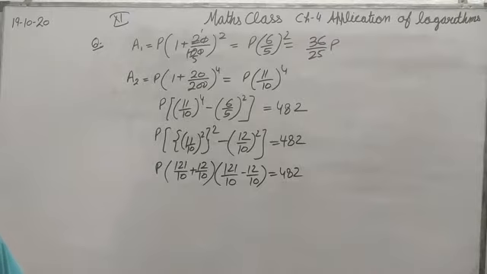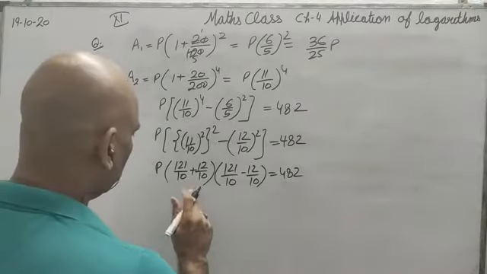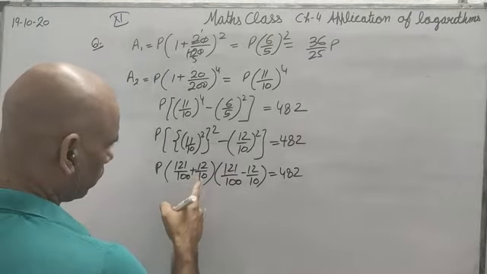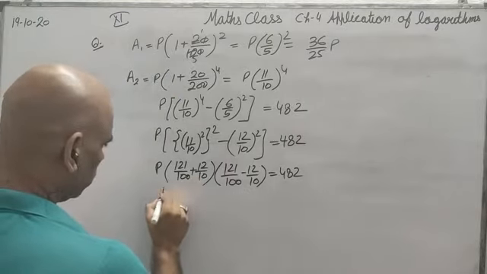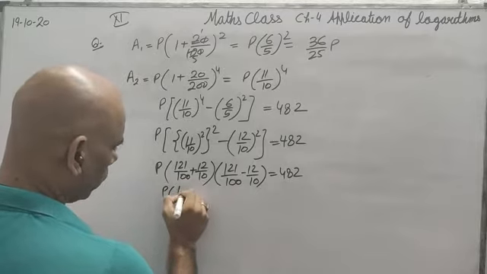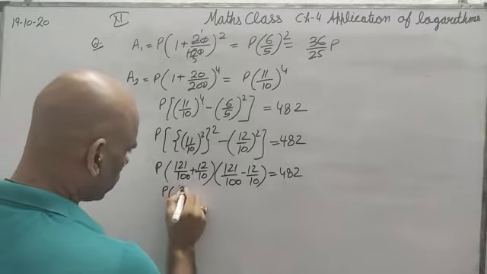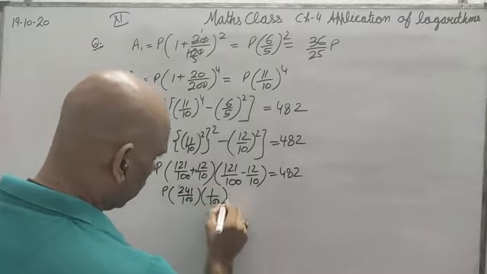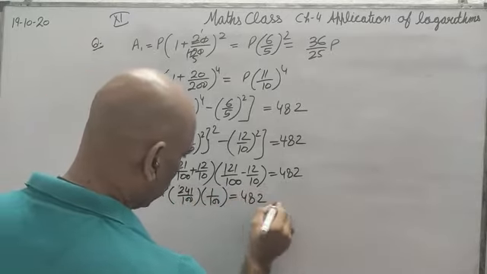What has happened? Because of this, this will become 100, sorry. So now what I will calculate, this will become 120. So 241 upon 100, and this will be 1 upon 100 is equal to 482.